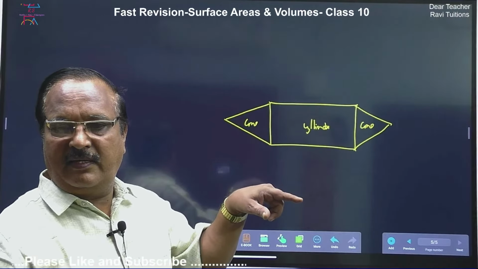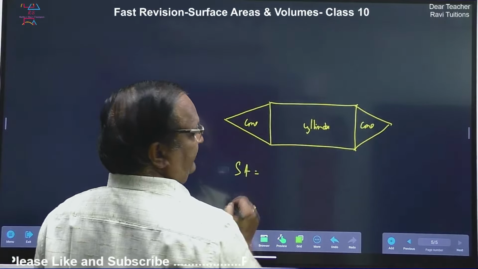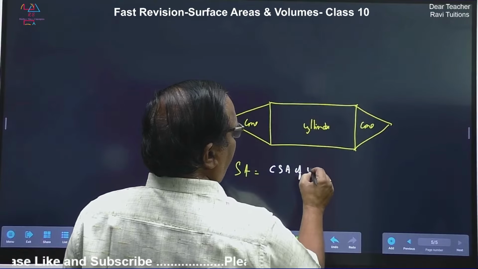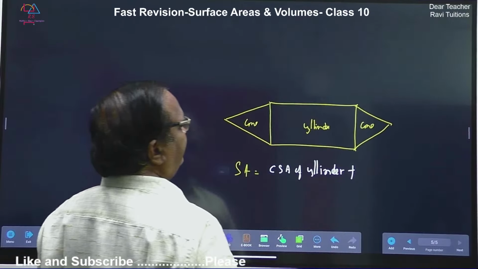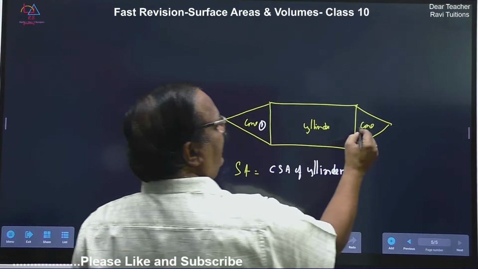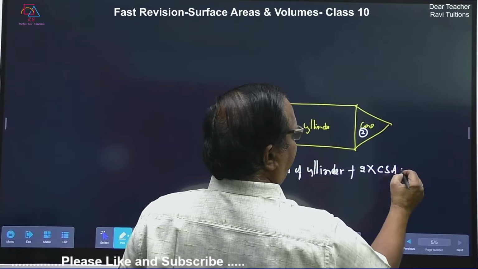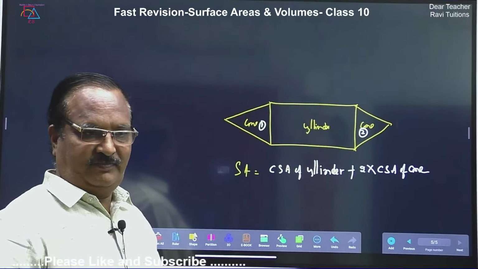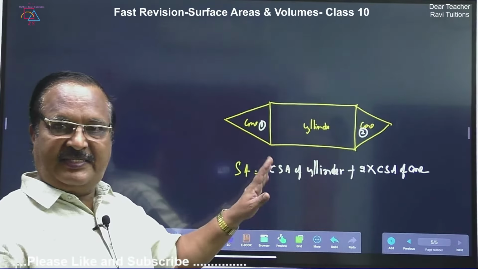So then what is the surface area? Tell me. CSA of cylinder plus this is cone 1 and this is cone 2. So 2 into CSA of cone. Okay. So this is how. So this is about surface area.